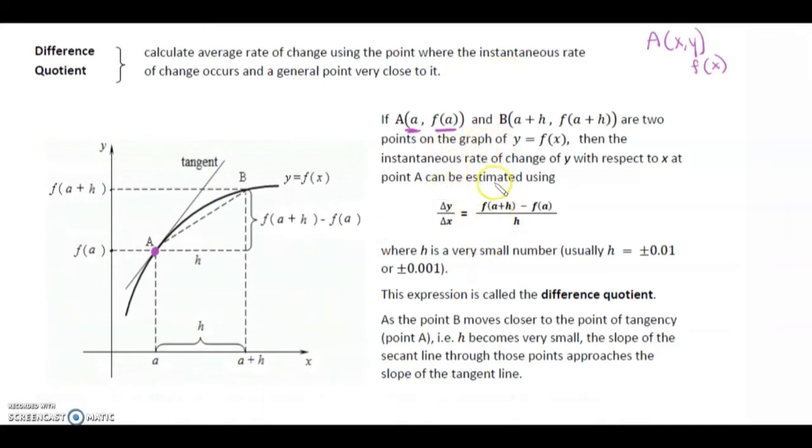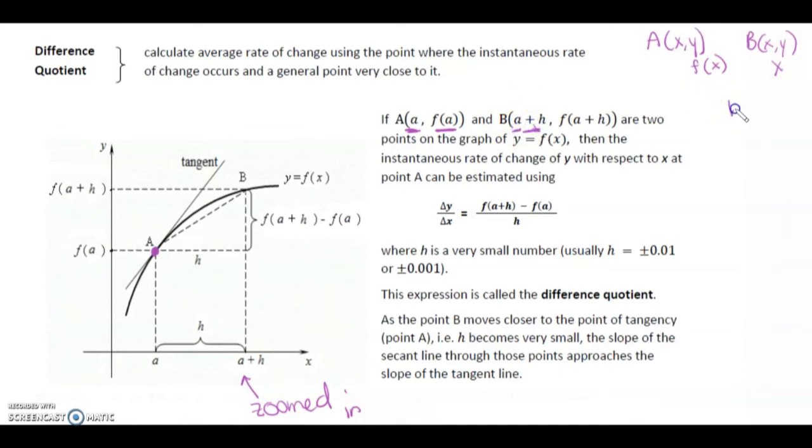Now, for another point, and assume that this is very zoomed in. So now we're going to pick a point B, and instead of calling B X and Y, because that's all it really is, we're not going to call it that. We're going to call it B at the same number plus a little bit.